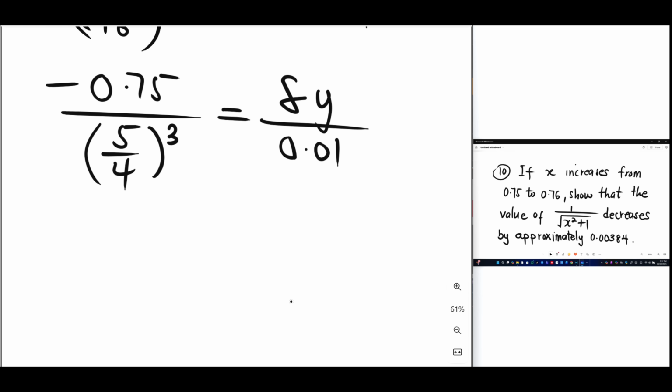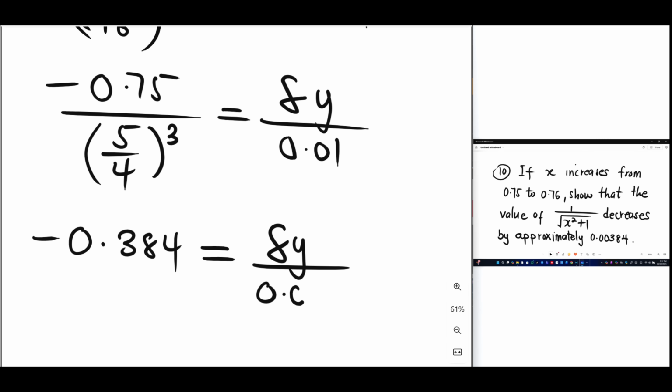What I have here is negative 0.384 as my answer, equal to the small change in y divided by the small change in x. So we can now cross multiply.